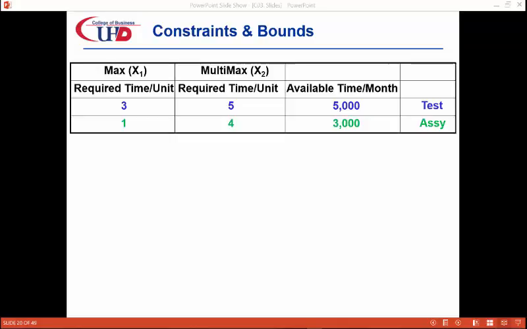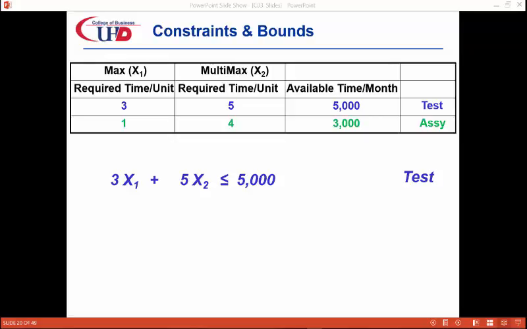Next, let's configure the constraints. The table here shows the unit resource requirement for both Max and Multi-Max, as well as the resource availabilities. So, for testing, Max will use 3 x1 hours in total and Multi-Max 5 x2 hours.